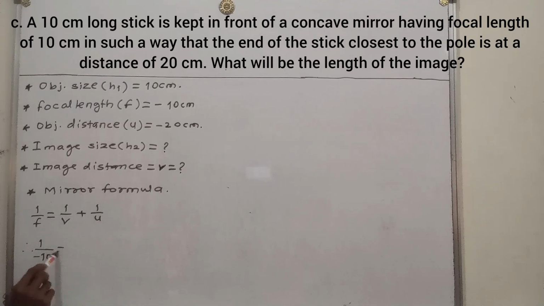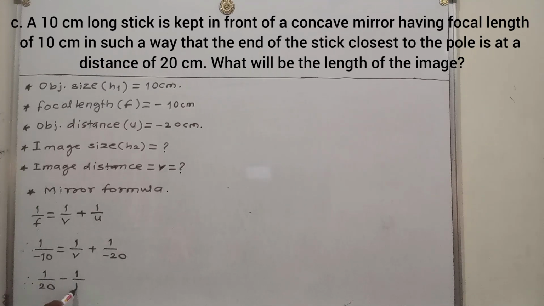Minus 10 is equal to 1 upon V plus 1 upon U, that is minus 20. Therefore, we take this to the left side.